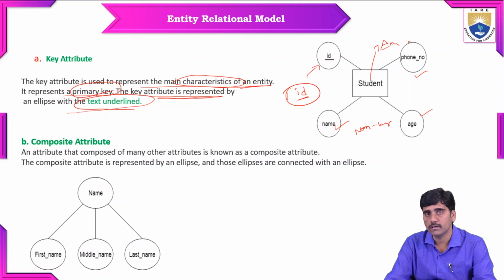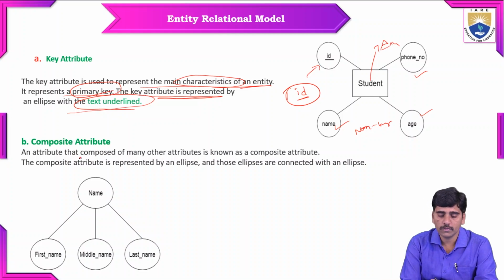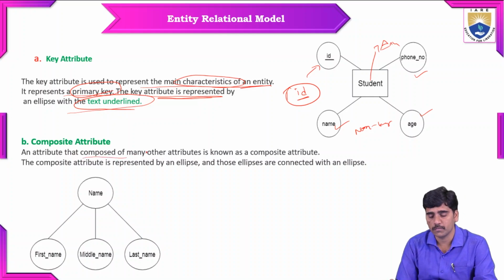Next, composite attribute. An attribute that is composed of many other attributes is known as a composite attribute.